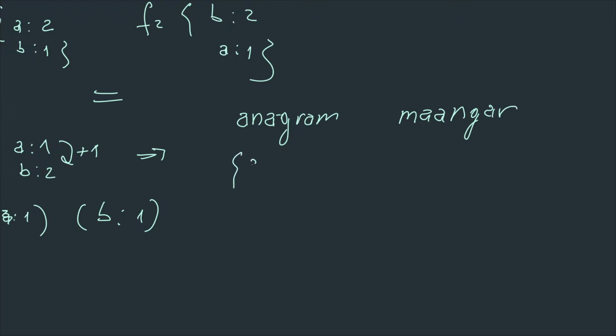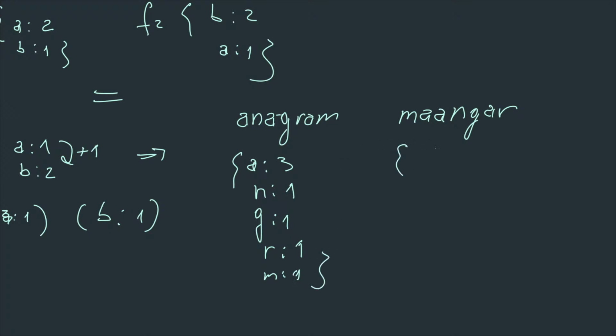So if we do the frequencies, A will be like 1, 2, 3. N will be 1. G will be 1. R will be 1. And M will be 1.